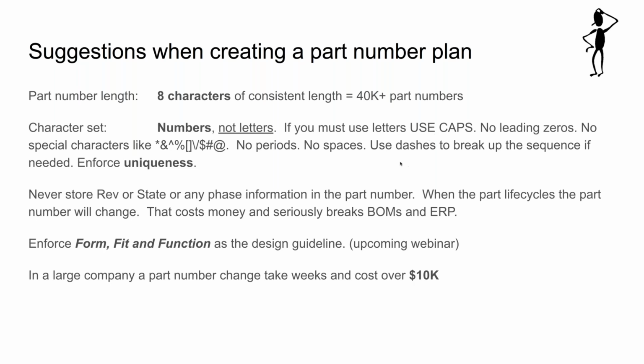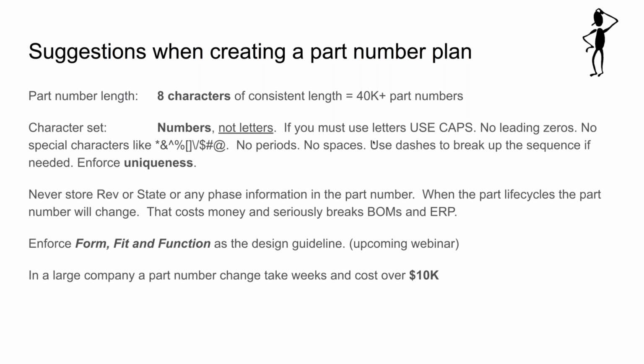Some other recommendations: no leading zeros. Stay away from special characters that are on the shift keys of your keyboard, as well as periods and spaces. And if you need to, you can include a dash number. OpenBOM will let you configure a mask that you can use to break up your part number into some pairs for readability.